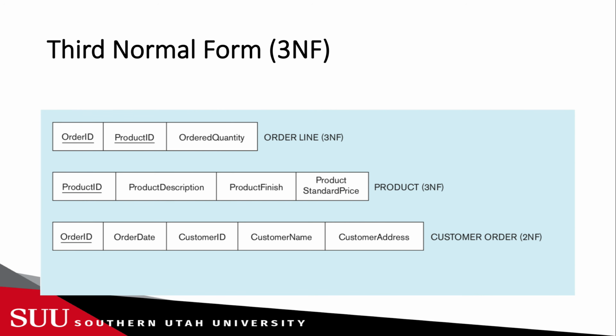So if we look back at what we had in the second normal form, and if we look closely, this is already in third normal form, this is already in third normal form, but this is in the second normal form from the previous step. Why is it in the second normal form? The thing is, customer name and customer address rely on the customer ID, but in this specific table, customer ID is not yet a primary key.